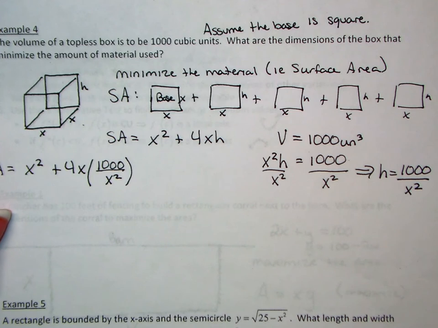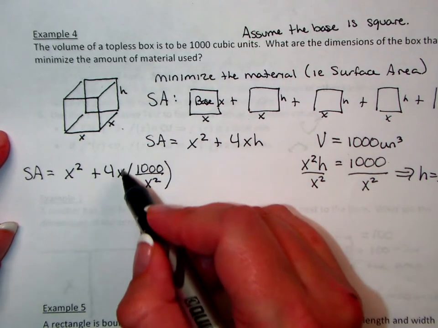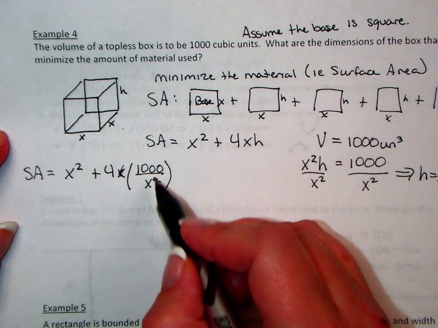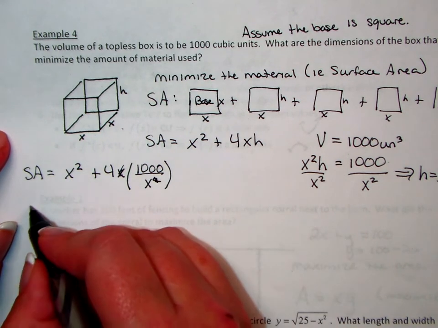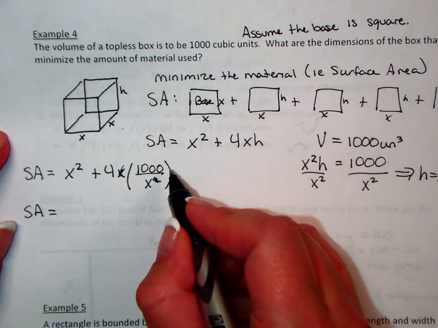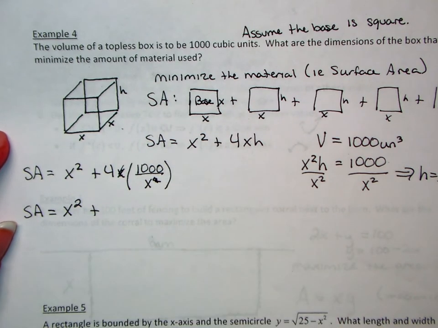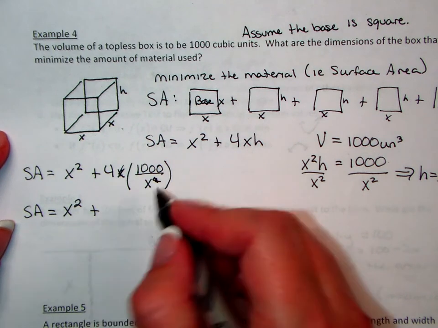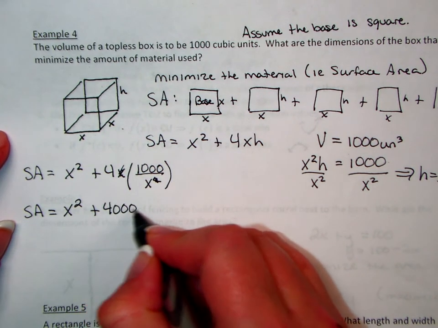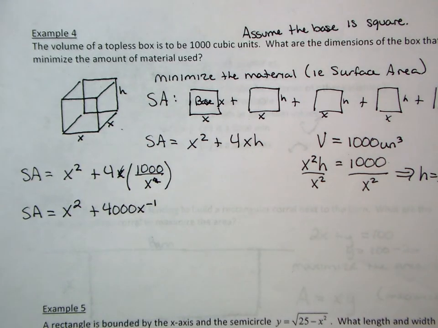Let the x cancel, so I get 4,000 over x. When I rewrite that, I'm going to change that x in the denominator to x to the negative 1 power because it's easier to differentiate. So surface area is x squared plus 4,000 x to the negative 1. So here's my surface area in terms of one variable.